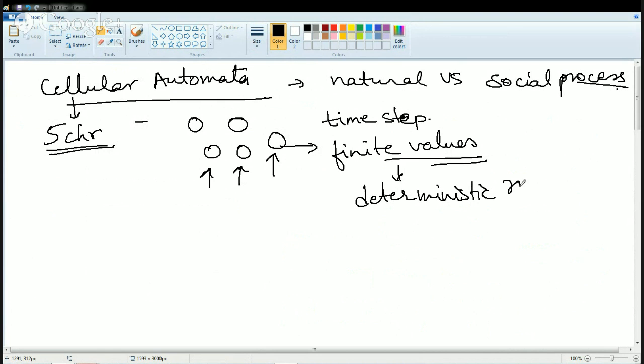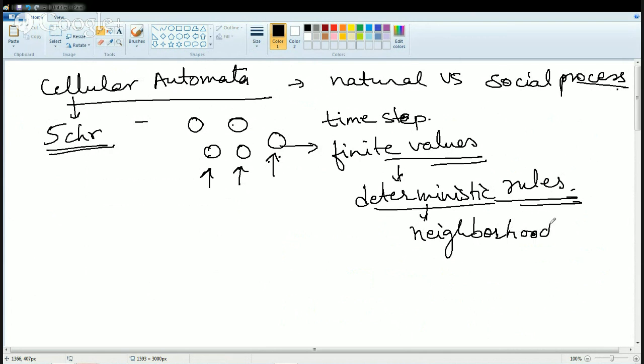So there are certain rules based on which the values of each site are determined, and finally, this rule is dependent on the neighborhood. So this was again another classification which was included under the Spatial Interaction Model of Cellular Automata, where they try to explain the interaction of transportation network between the various phenomena.